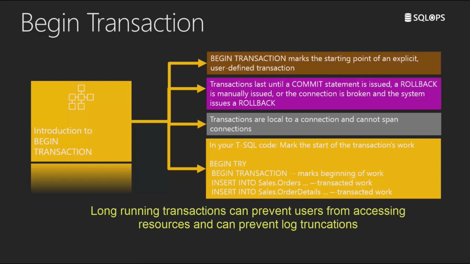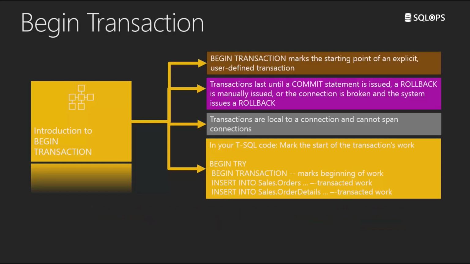Transactions left outstanding for long periods of time can prevent other users from accessing these locked resources and also can prevent log truncation. And if you're using nested transactions, one thing to remember is that if a rollback transaction statement is issued without a transaction name parameter at any level of the set of nested transactions, it rolls back all of the nested transactions including the outermost transaction.